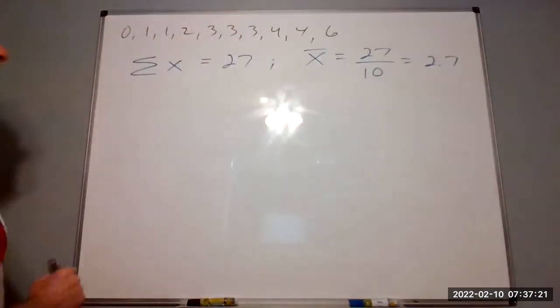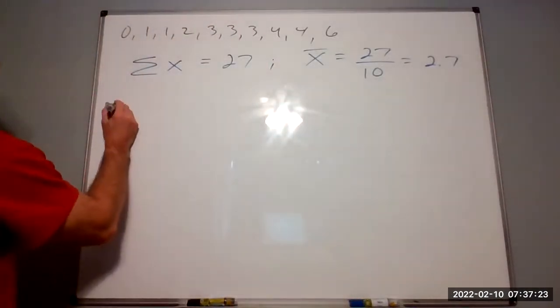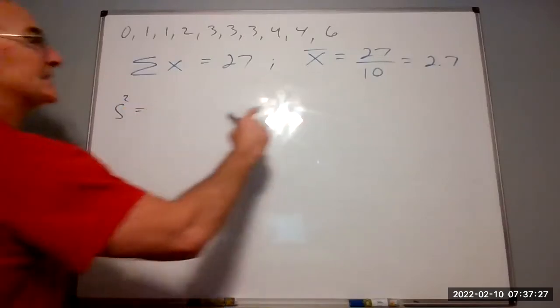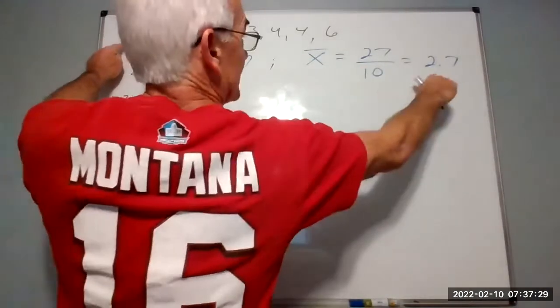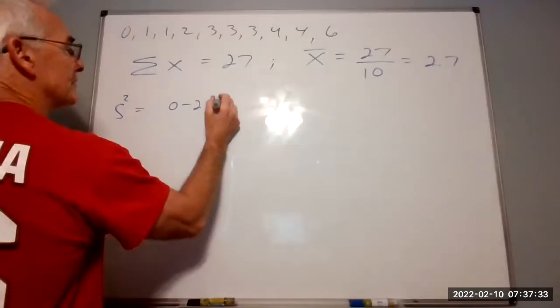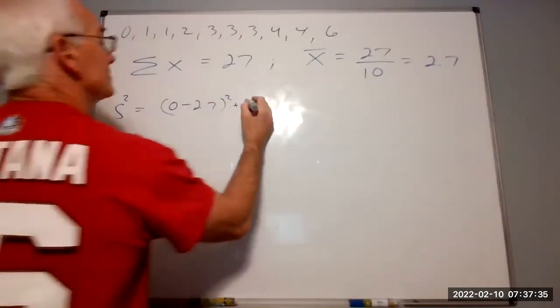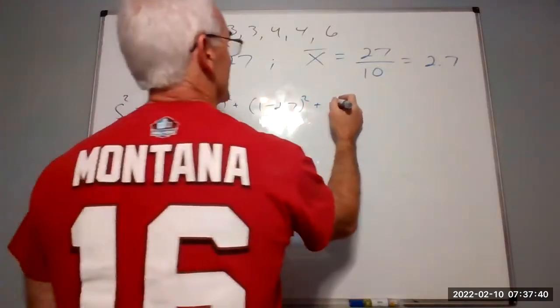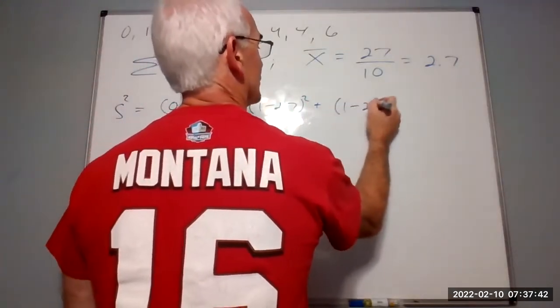Now, how do we calculate the variance? Well, the variance is as follows. I take every score and I subtract this number. So it's like this: 0 minus 2.7 squared plus 1 minus 2.7 squared plus. And we're all going to do this.